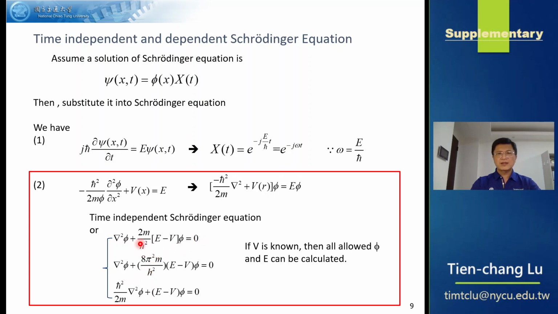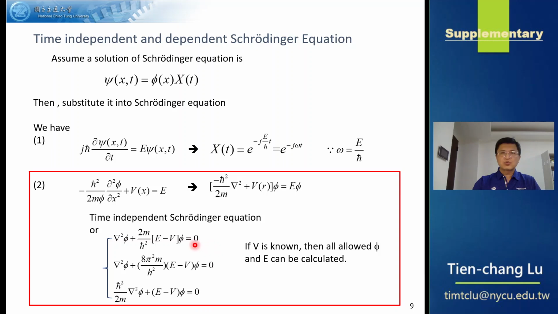Or you can expand ħ equals h divided by 2π, and then obtain the Laplacian of φ plus 8π squared m divided by h squared times (E minus V) times φ equals 0. Or we can move terms and get ħ squared divided by 2m times the Laplacian of φ plus (E minus V) times φ equals 0.